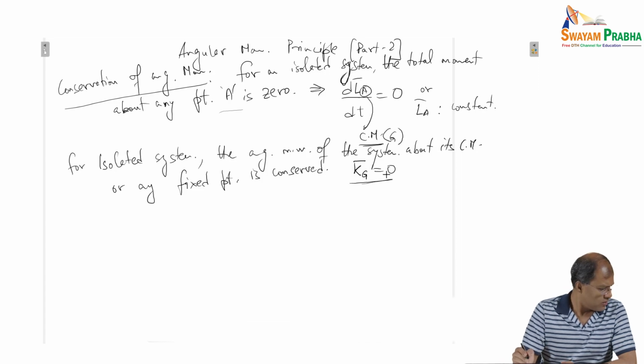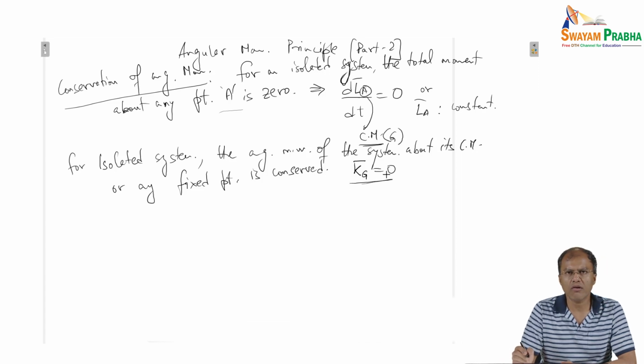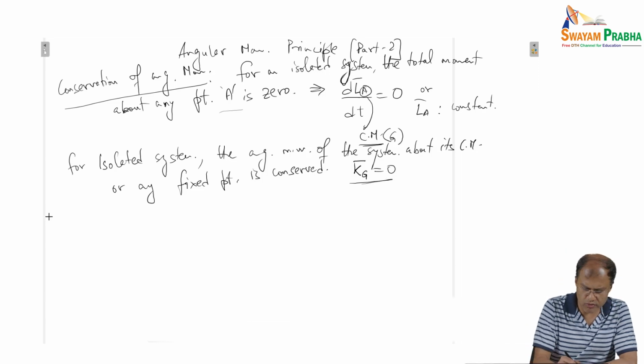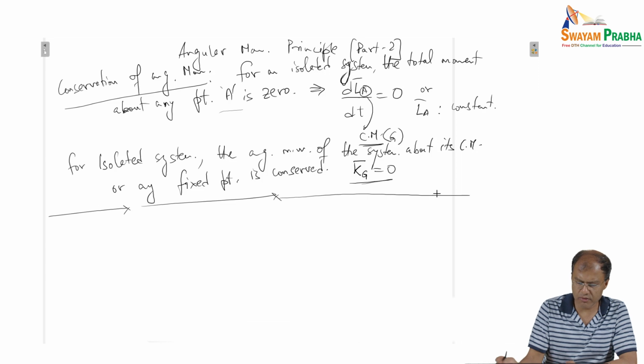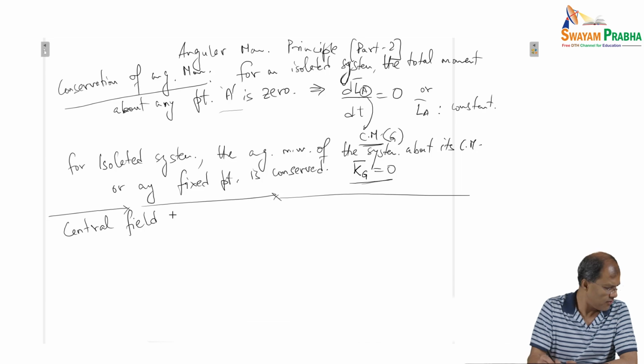Okay. So this is certainly true for some of the examples we have seen involving central fields, right? So let us revisit those examples. We are talking about the cases where we are dealing with central field orbits.